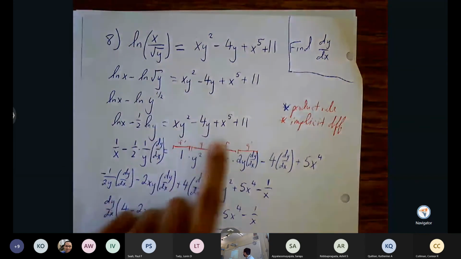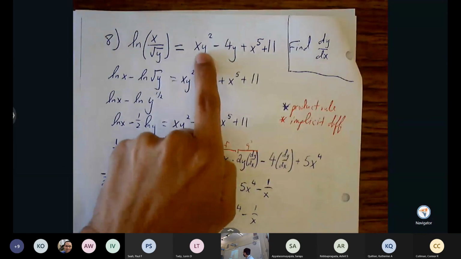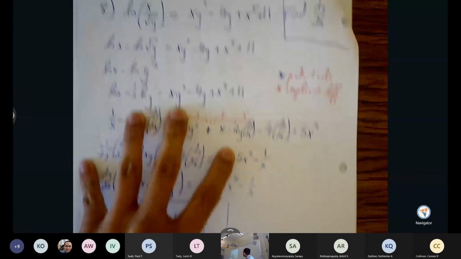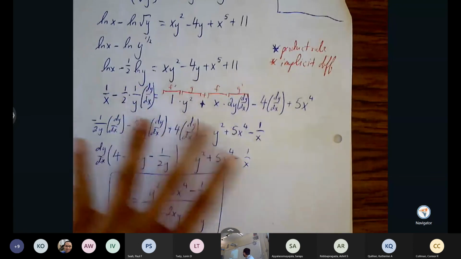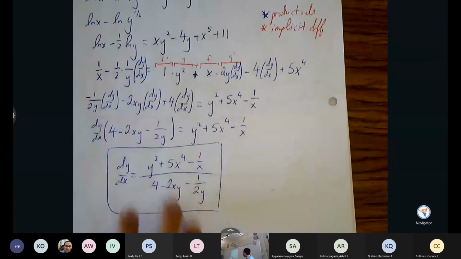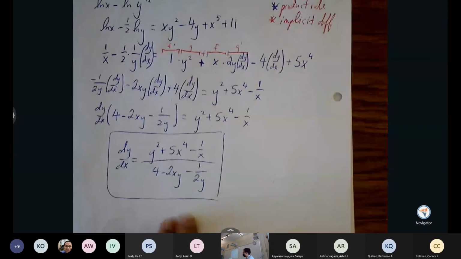Expand as far as you can, and there's also something else going on here when we get to the derivative. You got to use what? Recognize when you need product and quotient when you see it, okay? So we apply all the derivative process, bunch of dy dx's pop up, group them together, factor it out, and then solve for dy dx.